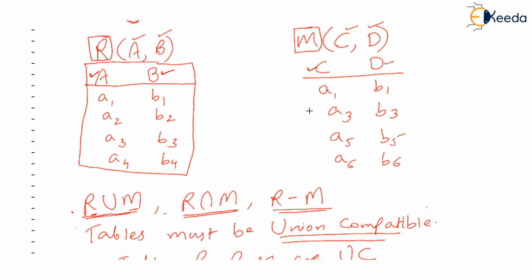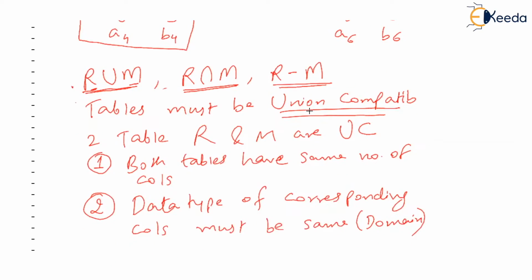That means the corresponding columns, first column of R, first column of M, second column of R, second column of M, must match in their domains. It can't be that column A and column B are storing integers, and column C and column D are storing names. So both these tables have their columns from different domains. The columns must be from the same domains.